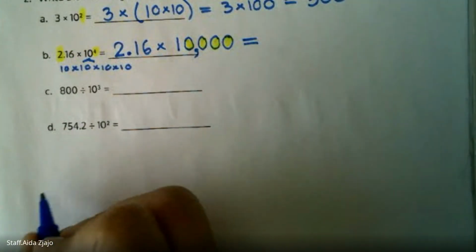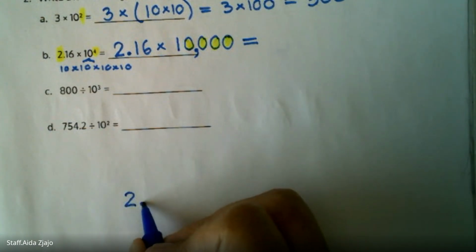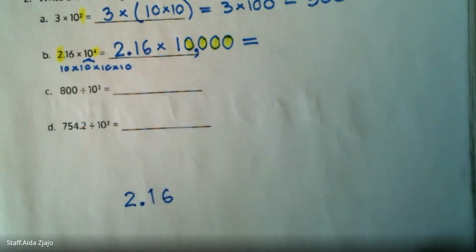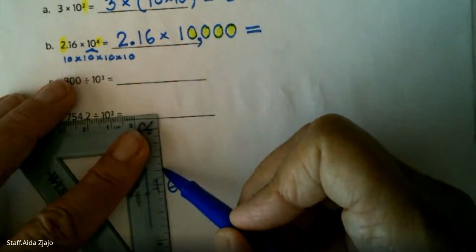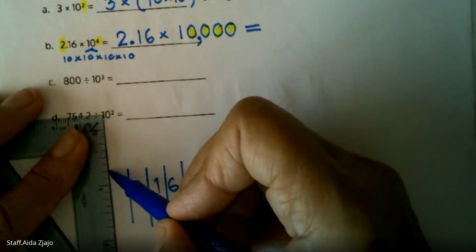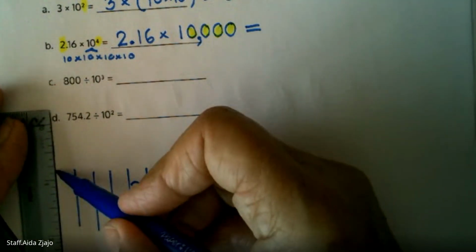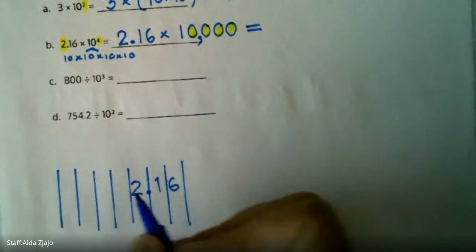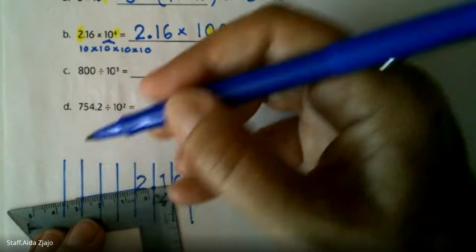So I'm going to create the chart. If I have this 2 and 16 hundredths times 10,000, I can draw the lines through it. Okay, and then it's going to move 4 times. 1, 2, 3, 4 times. So if you look, the 2 is going to go all the way to here.